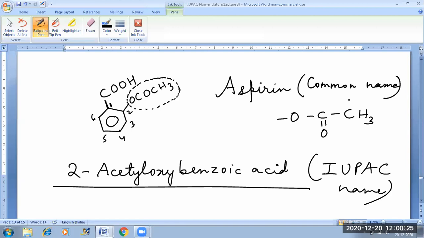Aspirin is a medicine. So what is aspirin? This is aspirin. And the IUPAC name of aspirin is 2-acetyl oxybenzoic acid. So you should know that if OCOCH3 is present as a substituent, it is called acetyl oxy.